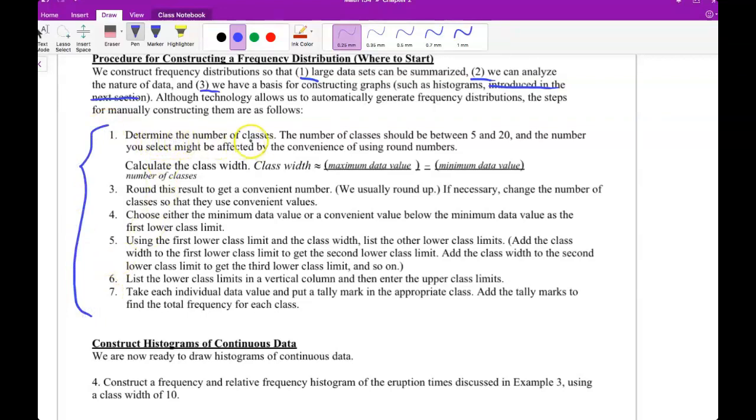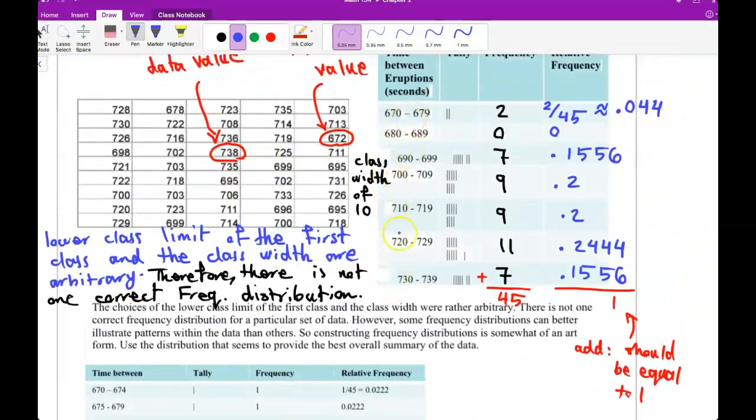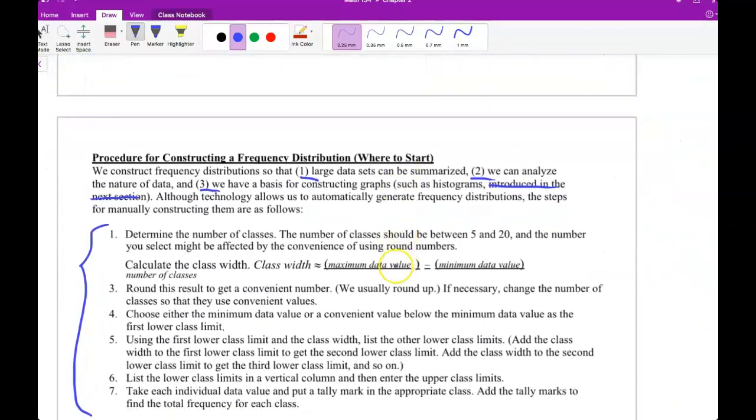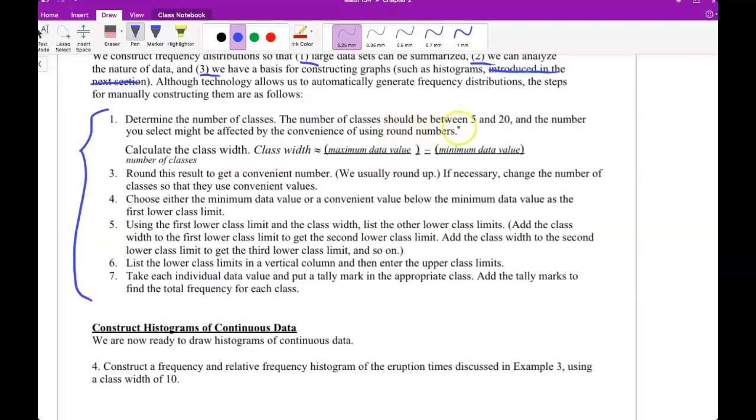Exactly what we did in the previous example. How many classes we want. So in the first part, we decided to have 7 classes. So these are the number of classes, and also what the class width is. The number of classes should be between 5 and 20, and the number you select might be affected by the convenience of using round numbers.